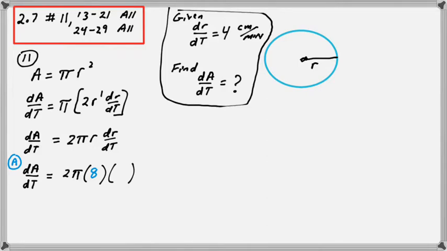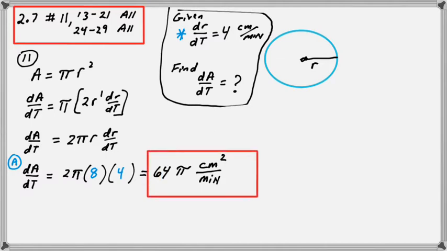So I can only plug that in after I take the derivative. Now they do give us dr/dt to be 4, don't they? So I think 8 times 8 makes this value 64 pi. If the radius is in centimeters, the area would be in square centimeters. And the units of time for this is minutes. So there's your answer for number 11A.